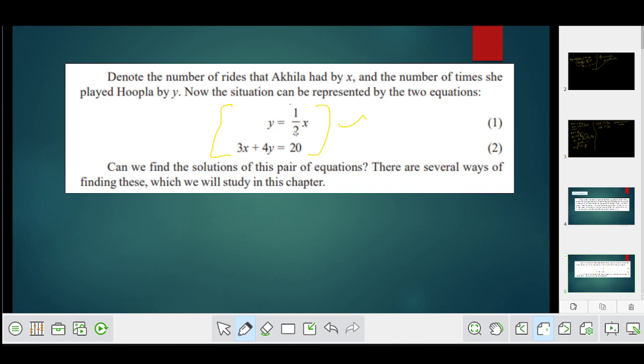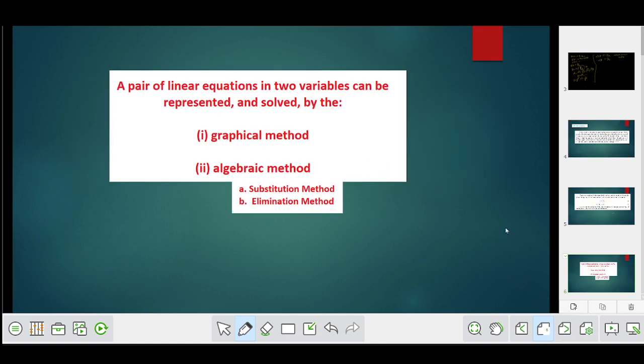Here y equals 1 by 2 x, because y is the number of times she played hoopla. 3 rupees and 4 rupees, total 20 rupees. Clear?